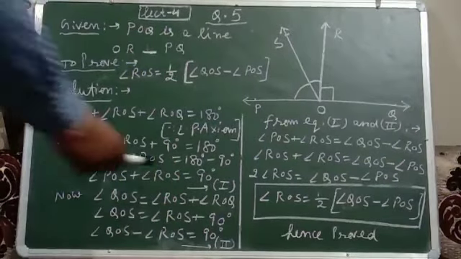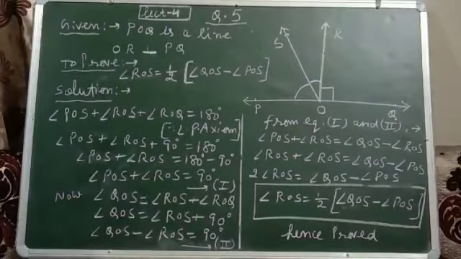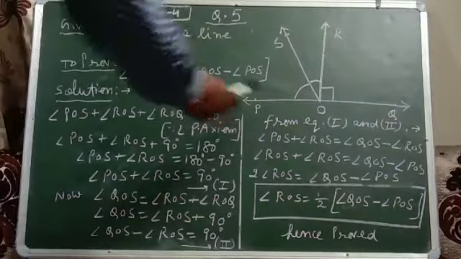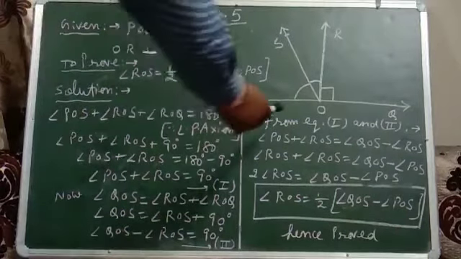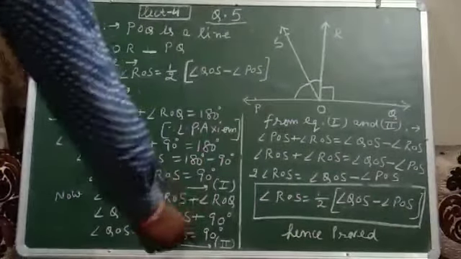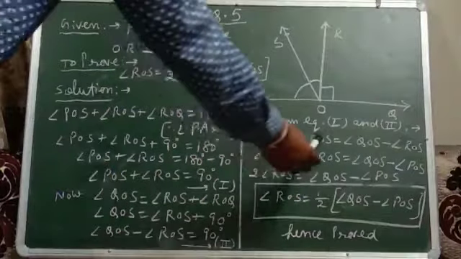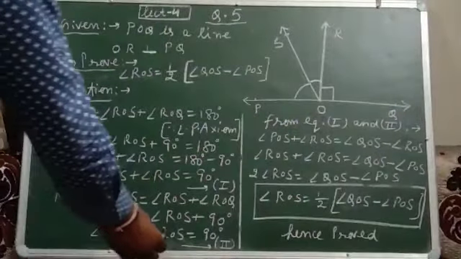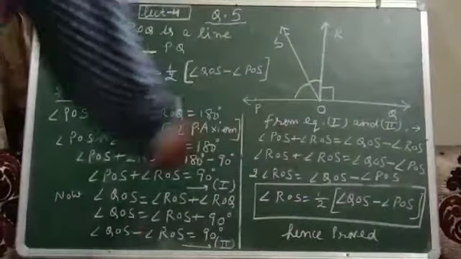In these equations we have the right side the same, 90 and 90. If one side is the same then we use the word "from". Already we used this word in question number third. So from equations first and second, this 90 and 90 will cancel, and on the left hand side we will have POS plus ROS, and on the right hand side we will have QOS minus ROS. So ROS will remain as it is.